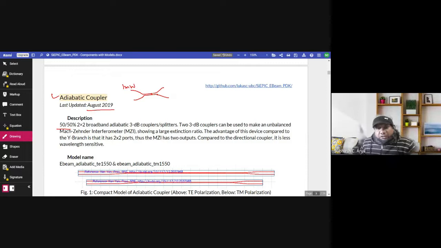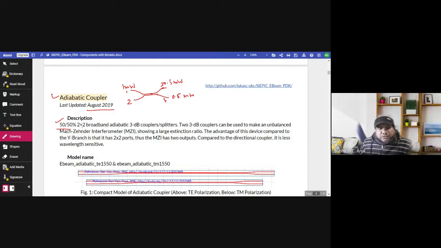If there is no loss, then 0.5 milliwatt power is available at each output port. Say ports here 1, 2, 3, 4. So ports 3 and 4 are giving the output as 0.5 milliwatt light output. So this is what is called 50-50.